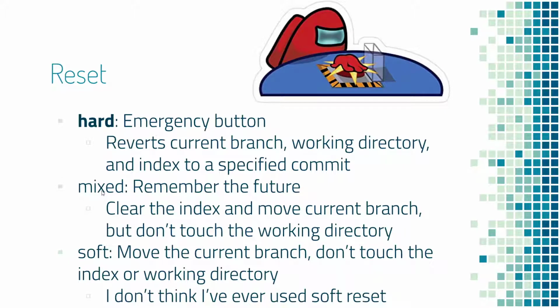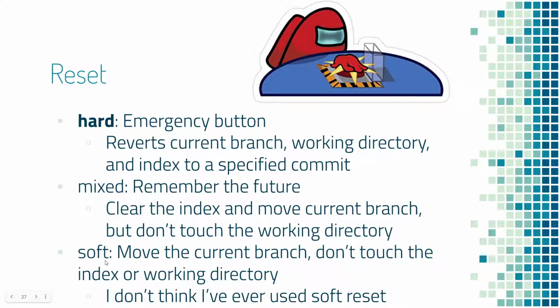Mixed is the default way that reset works, and it'll keep the working directory how it was, but it'll clear out the index, and it'll move back the current branch. So this is if you want to clear out some commits that shouldn't have been made, but you want to keep the changes that have been made.